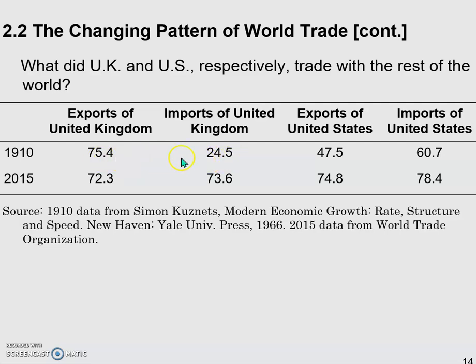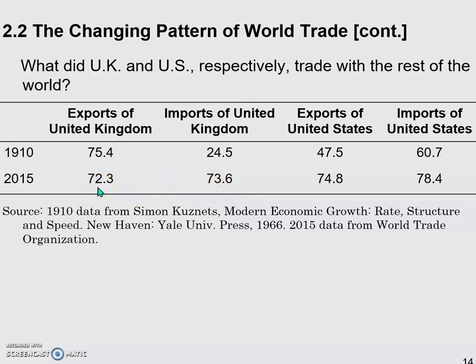So it's more than 50% below its exports. In other words, on the import side, UK imported a lot of agricultural and mineral products, okay, like cotton from India, coal, and other raw materials.